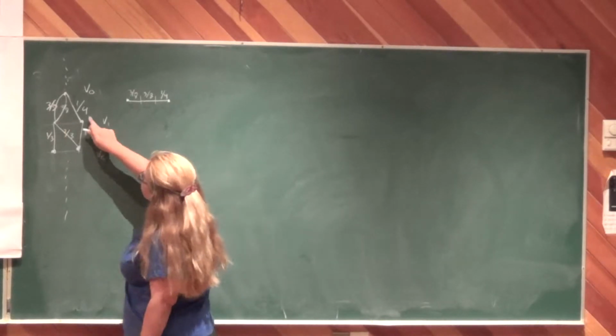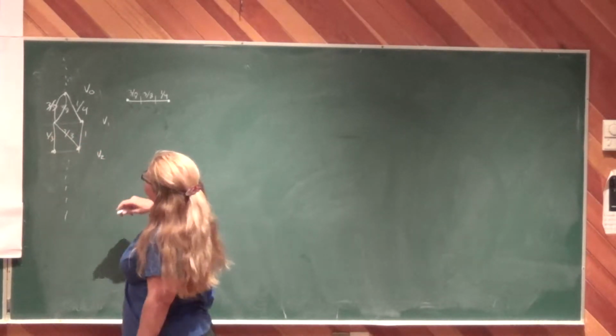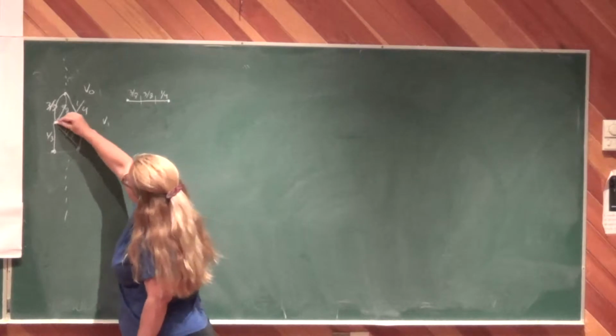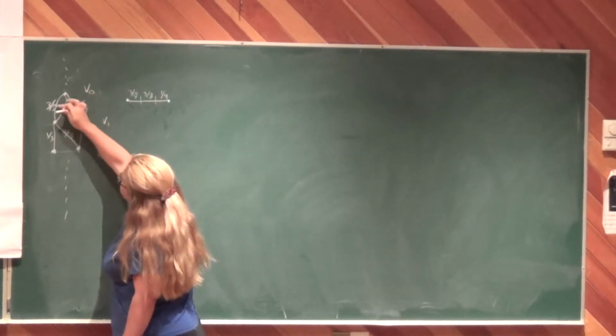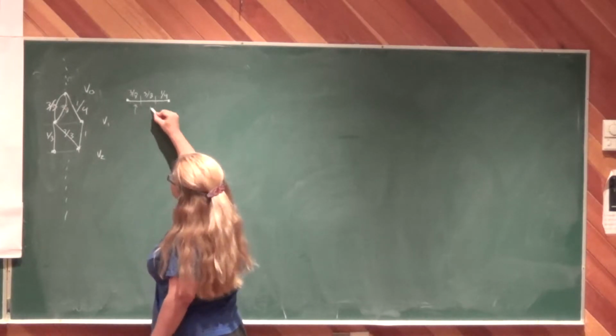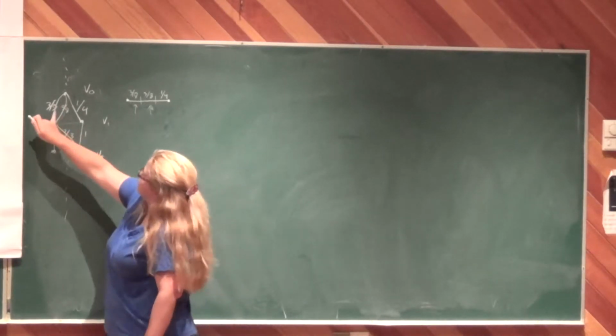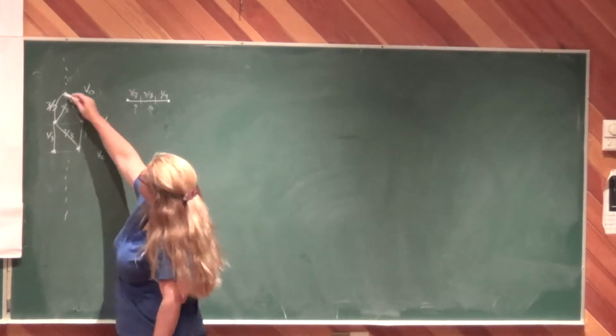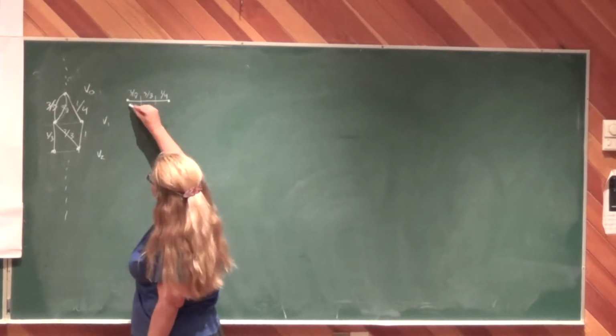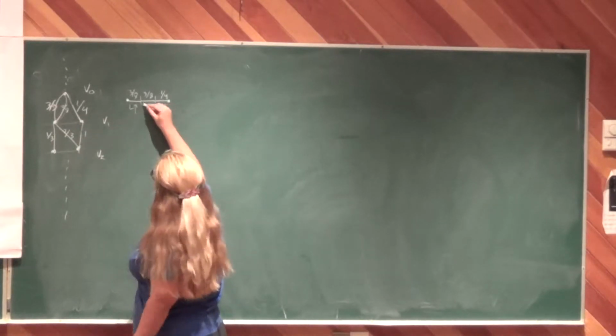So now I'm going to form the level 1 columns. I'm looking at this vertex right here. There are 2 edges coming into it, and those 2 edges correspond to these 2 pieces. The leftmost piece is the leftmost piece when it exits, and the right-hand one is the rightmost piece.